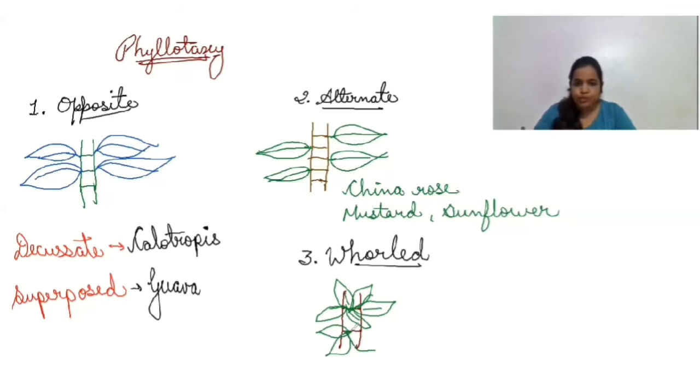You may get confused with the one we saw in types of leaves, that is palmately compound leaves. There the leaflets were present forming a whorl. Here the leaves are present. At the axil of each leaf, the bud is present in the case of whorled leaves.